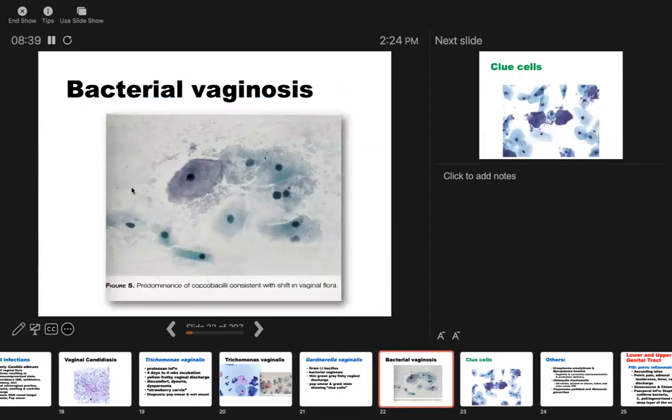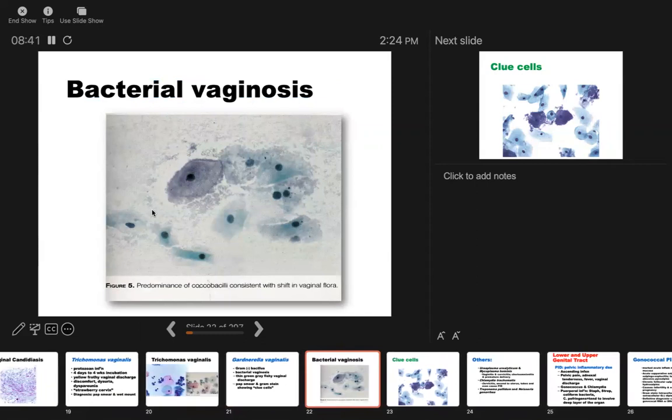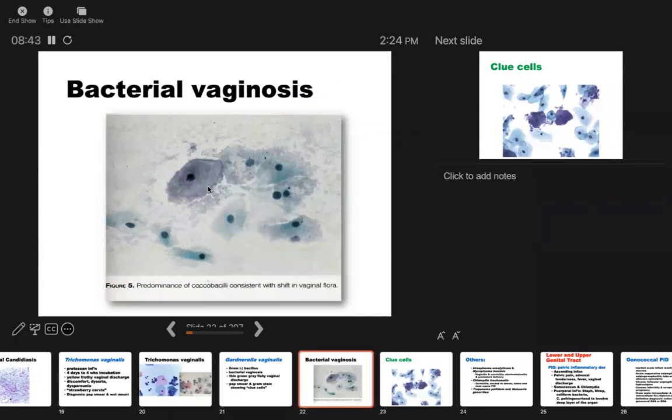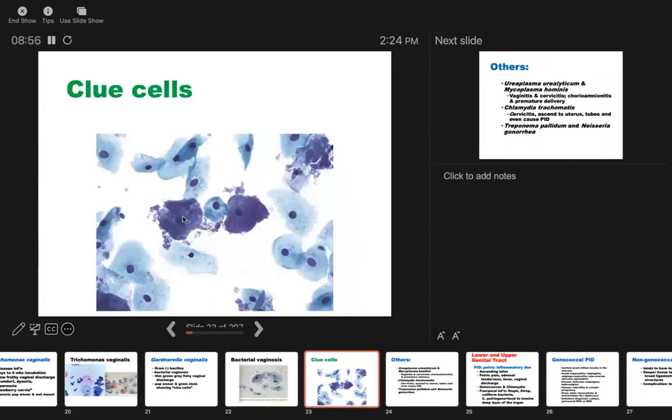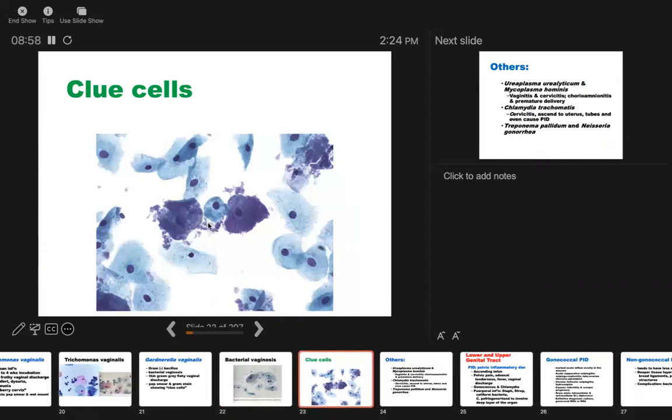Gardnerella vaginalis are basically cocobacilli, and one of the things that you can see on Papanicolaou smear, as what I am showing you right now, is they tend to be in the cytoplasm of the cells. This is actually what you call clue cells. The clue cells are indicative of bacterial vaginosis.